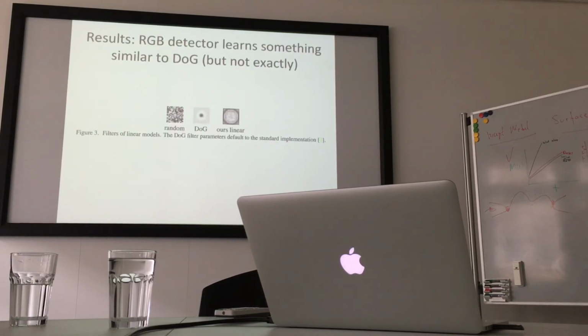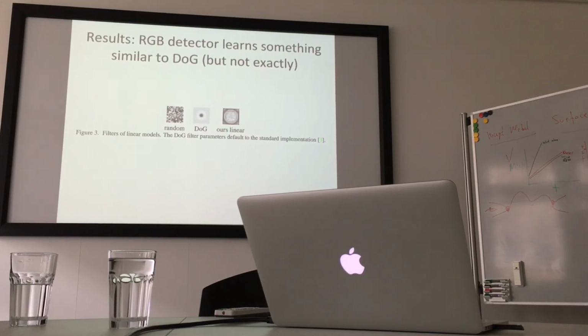Now about the results. For standard RGB detection, where you just have 2 images from the same domain, that's the simplest case. We get something which looks like DoG. DoG is a well-known method for doing that. We got something similar, a radially symmetric gradient-like function.